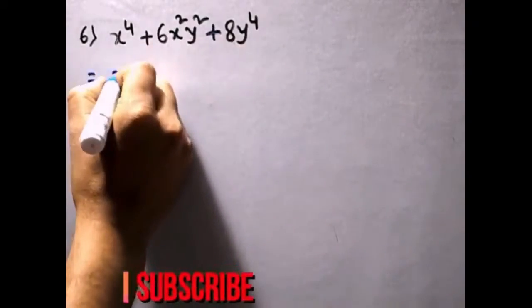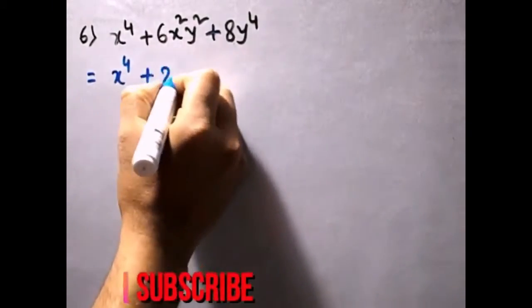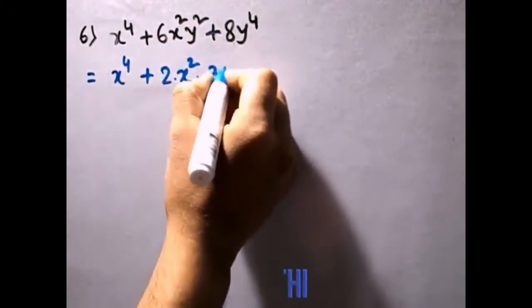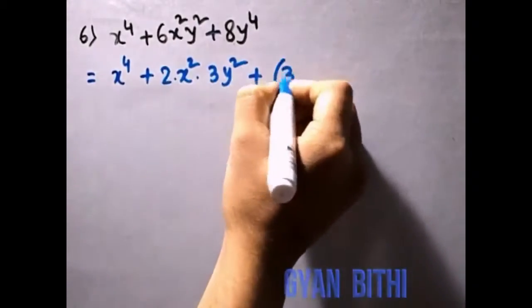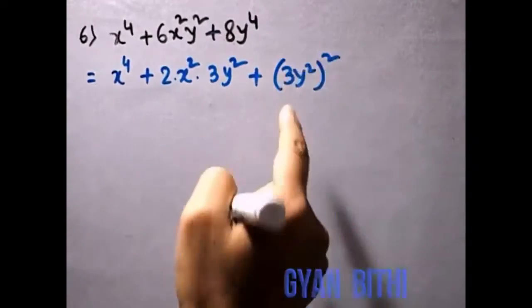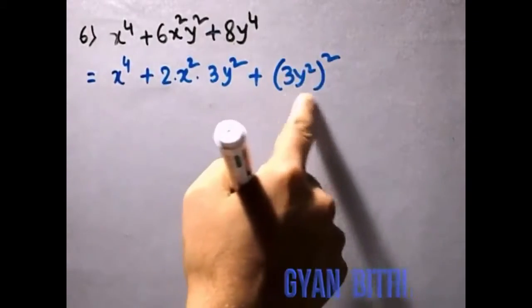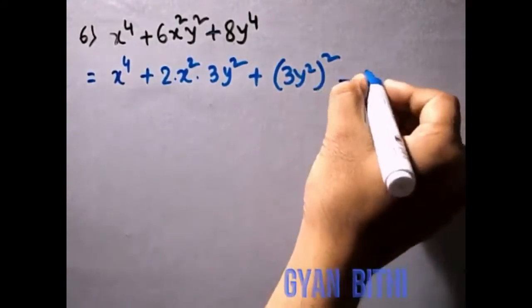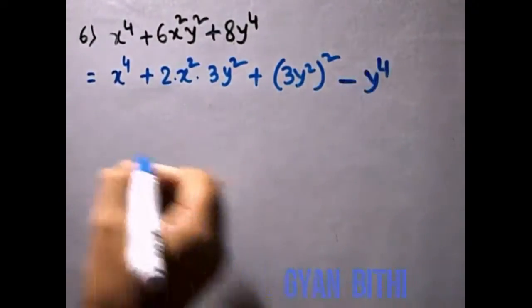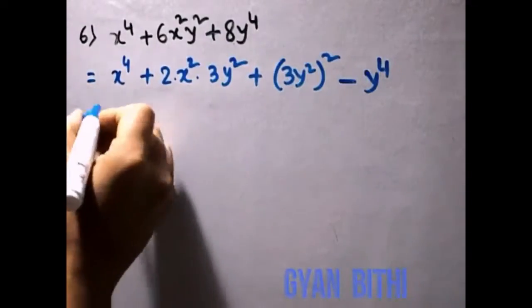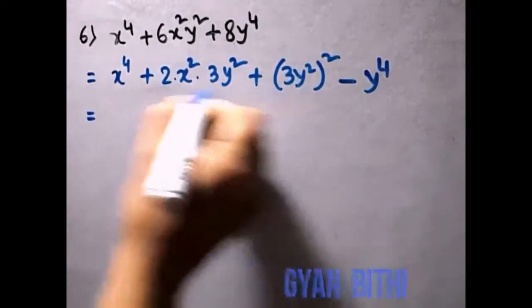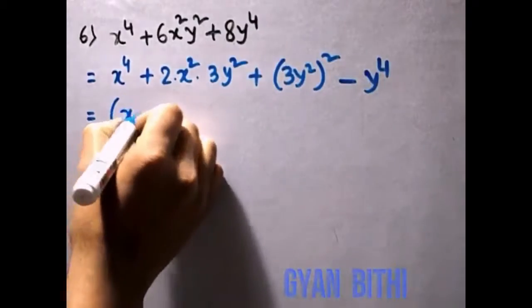This is equal to x to the power 4 plus 2 into x square into 3y square plus 3y square whole square, that is 3y square whole square equal to 9y to the power 4. For adjustment we take minus y to the power 4, so this will be in the perfect square form.